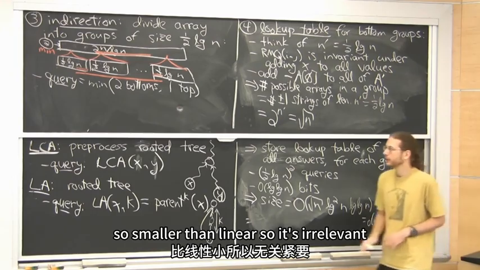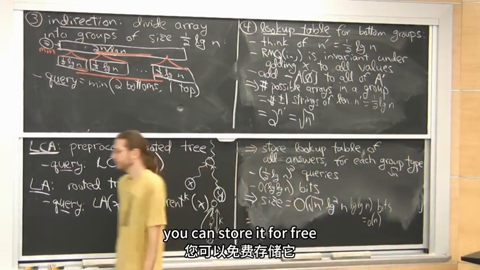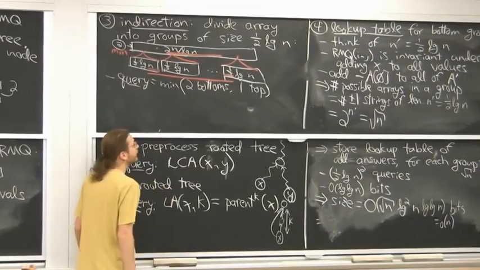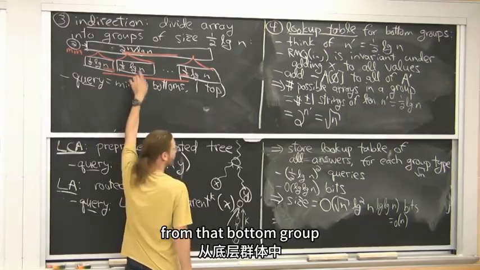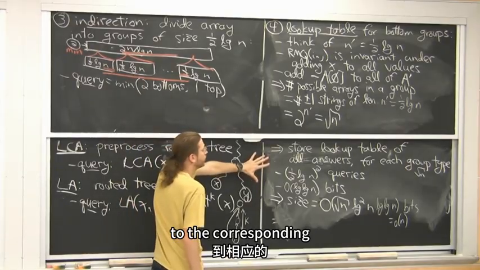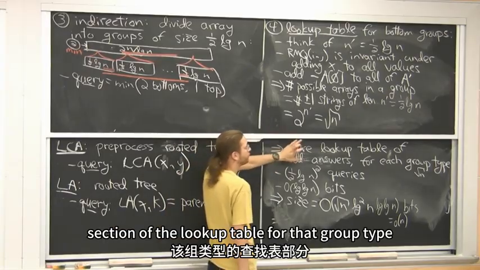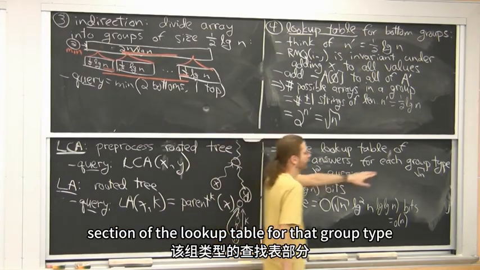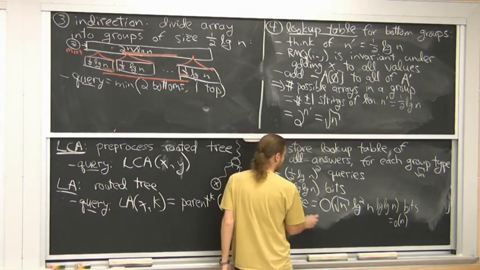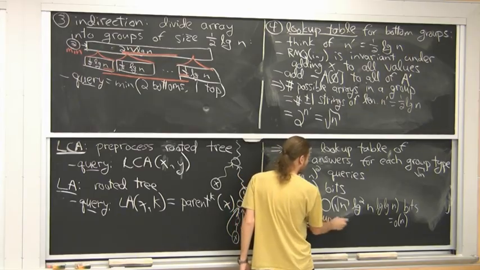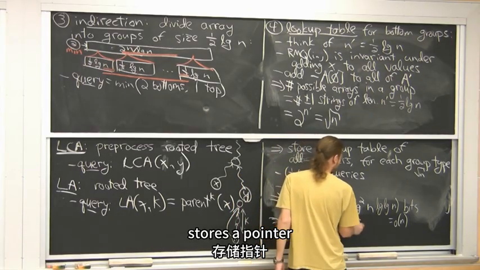So smaller than linear, so it's irrelevant. You can store it for free. Now, if we have a bottom group, the one thing we need to do is store a pointer from that bottom group to the corresponding section of the lookup table for that group type. So each group stores a pointer.